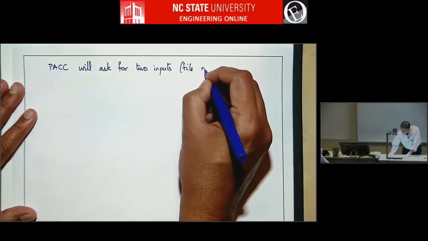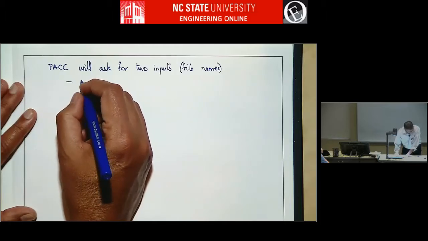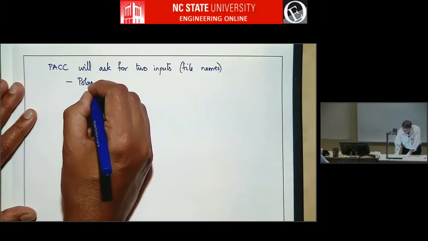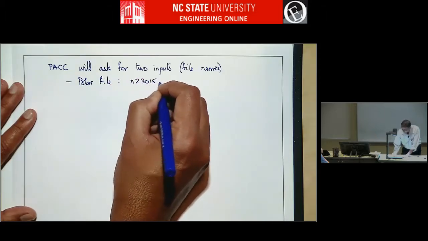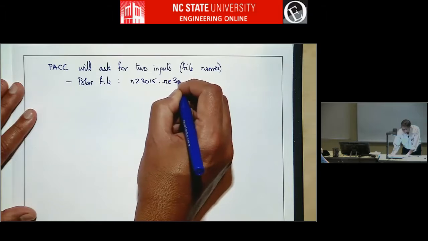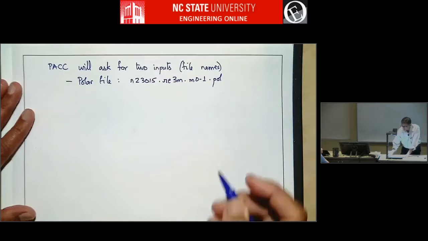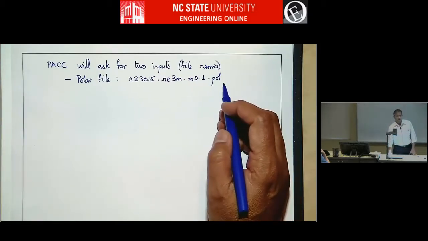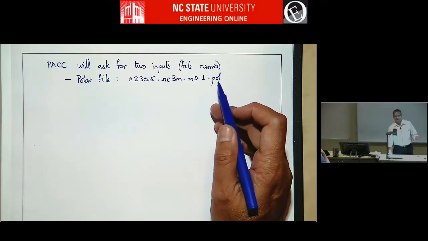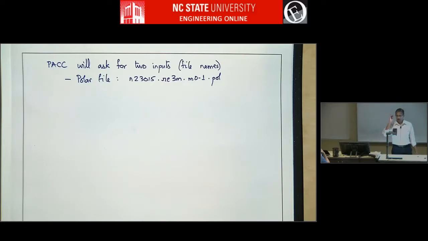It asks for two input file names. One is the polar file. In our case, we gave n23015.re3m.m0-1.pol. I mean, that's just a name I gave. You can give anything you want. You don't even have to call it .pol. I just, over time, I've developed this habit of calling my polar files .pol, because when I look at it in the folder, I'll know what it is.